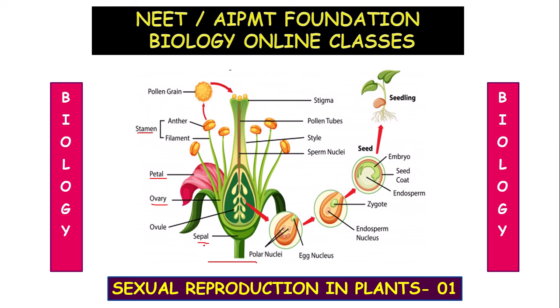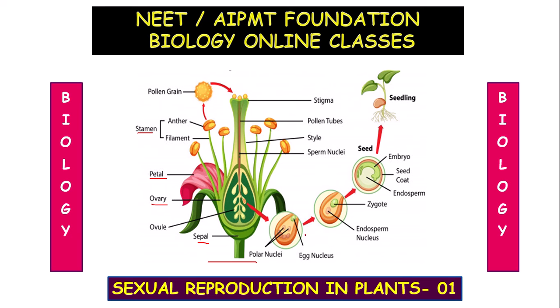Sepals together are called calyx, and the petals together are called corolla. The stamens, these 5 or 6 stamens, whatever it may be, together are called androecium, the male reproductive part of the flower. The middle one is called ovary or gynoecium or carpels. The stamens and carpels respectively represent the male and female reproductive organs of the flower.